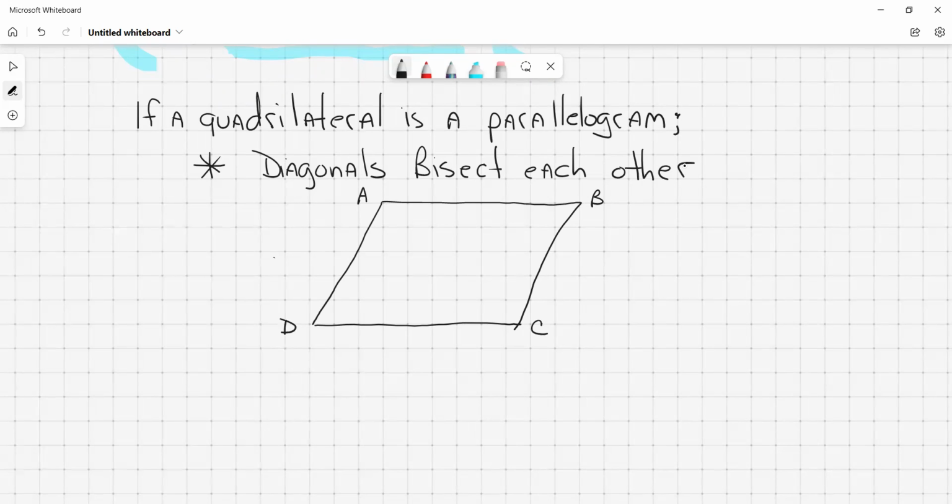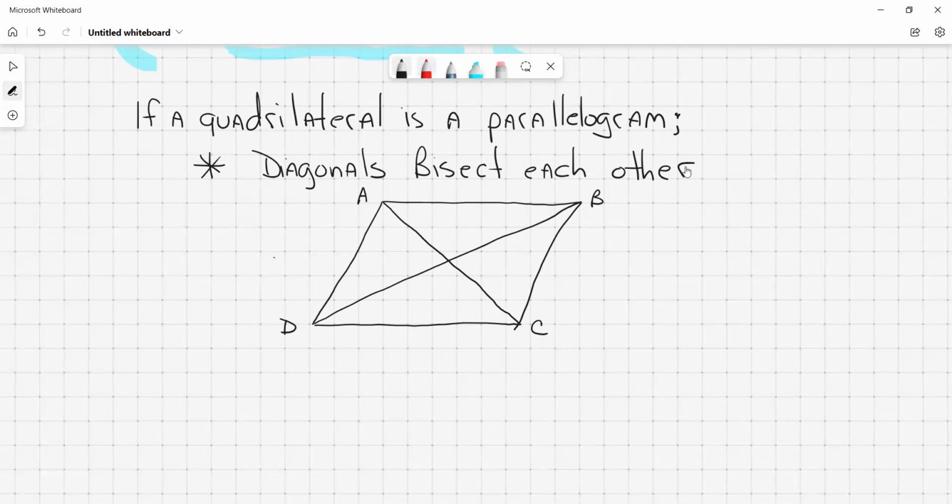All right, diagonals connect non-consecutive vertices. So if you take a line and you draw it from A to C, that's called a diagonal. And then if you take another segment and draw it from D to B, that's the second diagonal.